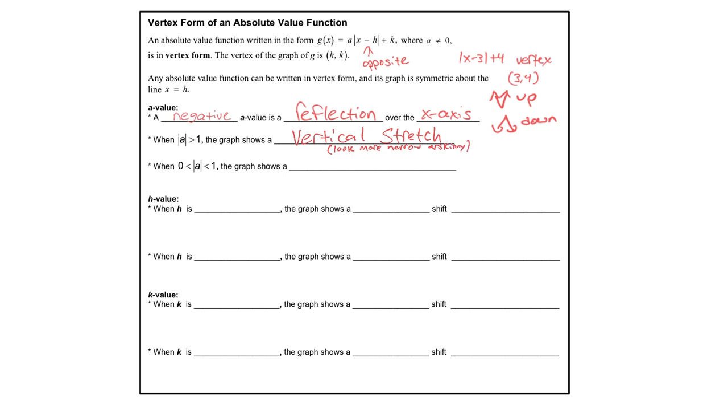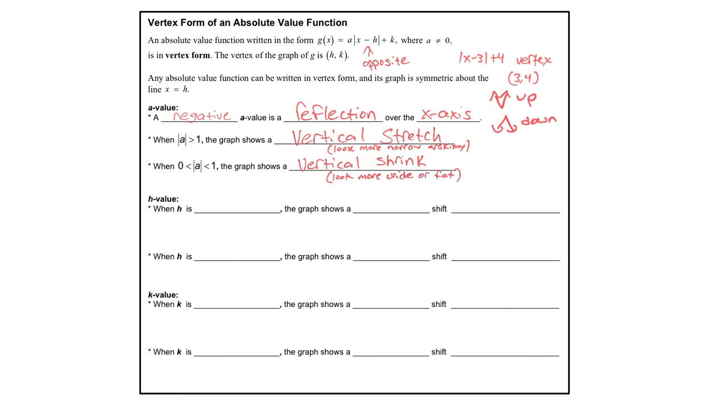When the absolute value of a is between 0 and 1, which means it's basically like a fraction or a decimal, not a fraction like 3/2, but like 1/2 or 3/4, the graph shows a vertical shrink. A vertical shrink will look more wide or fat.